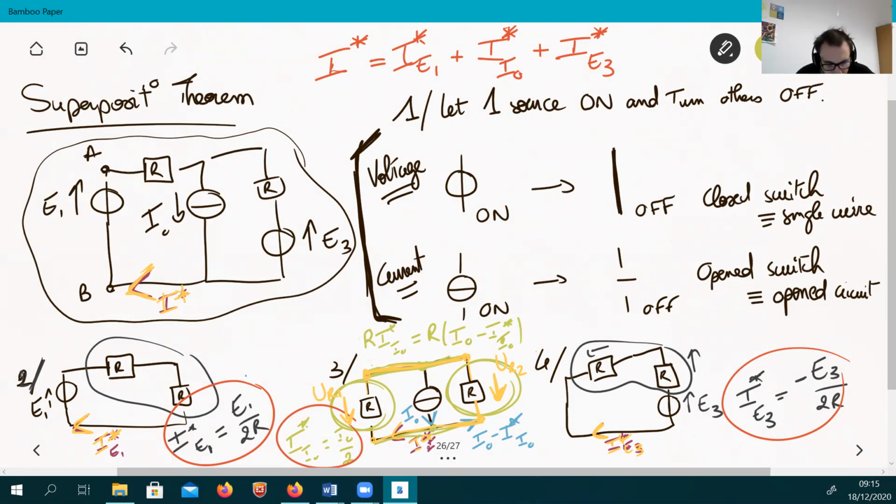Is it okay? Yes, okay. Then I move this term here. So I have 2 times R times I0. Then I simplify by R, and I end up with I star I0 equals I0 over 2.